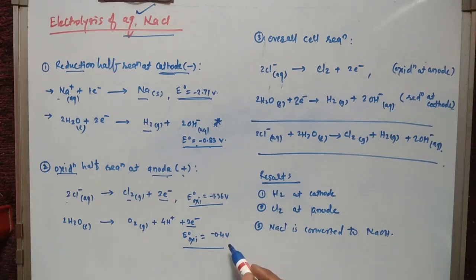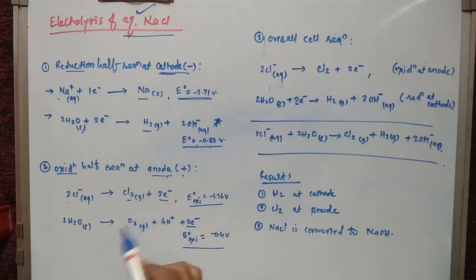Now here the oxidation potential of water is higher than the oxidation potential of Cl minus. That's why water has a greater tendency to get oxidized than chloride, is it?